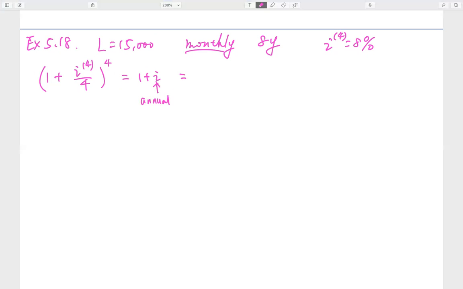Now let's introduce i upper 12, and let j be i upper 12 divided by 12. So this is the monthly interest rate. Of course we can easily compute this, right?